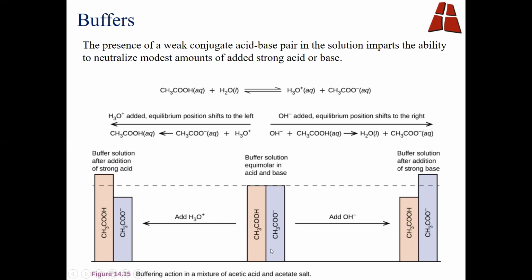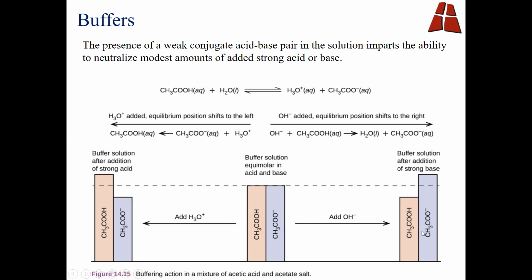Okay. Another way we could maybe visualize this is that, say we start with an equal amount of acetic acid and acetate shown here. If we were to add something like hydroxide, that would react with our acid portion of our buffer. So the hydroxide reacts with the acetic acid. So our amount of acetic acid would go down, but then our amount of acetate would go up.